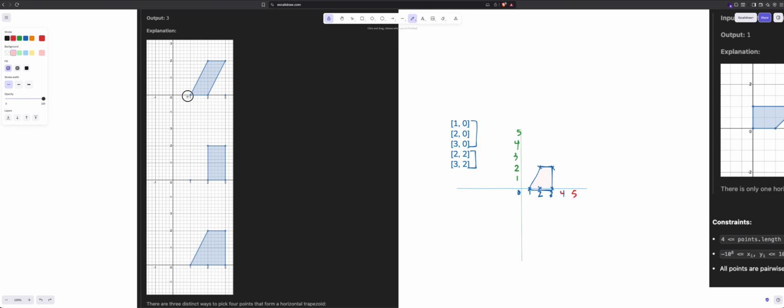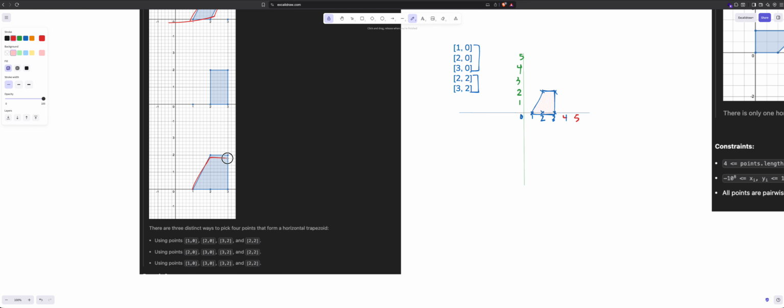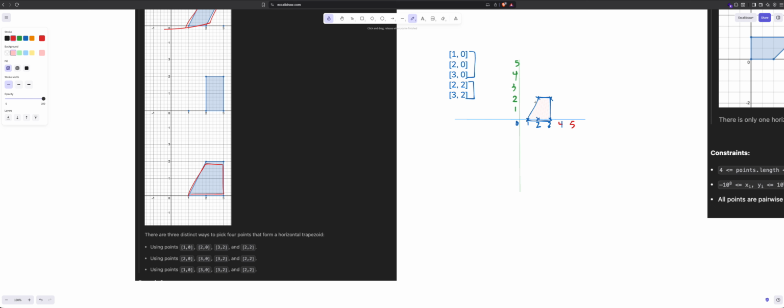That is also one of the horizontal trapezoids. How I can tackle that problem is I will count how many points lie on lines parallel to the x-axis. That will give us a better understanding of what we want to find.